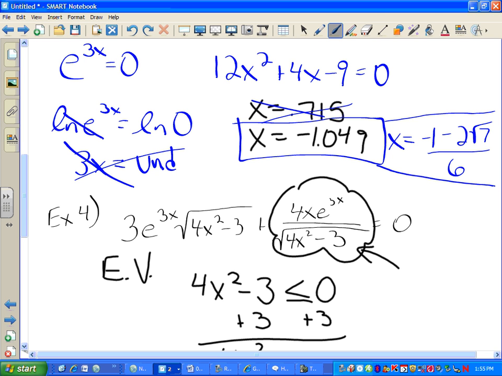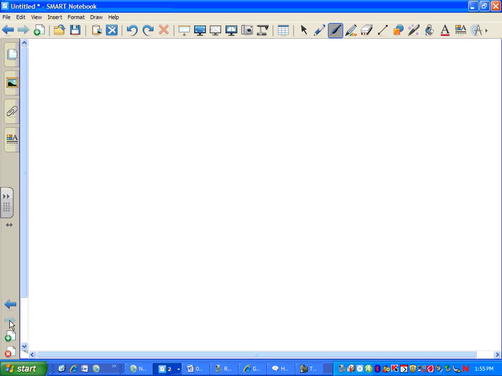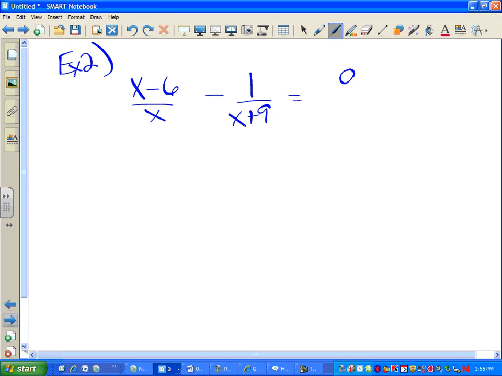Okay, let's go back to number 2, and then you will be ready to do your homework, whatever parts you want to on the homework. Let's go with example 2. Example 2 says x minus 6 over x minus 1 over x plus 9 equals 9 over x squared plus 9x. No changes to make here.